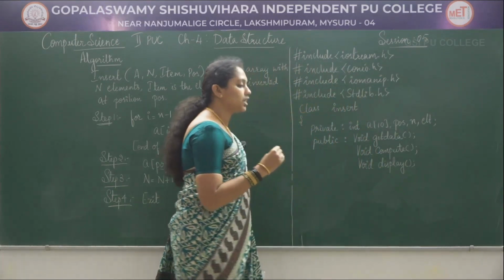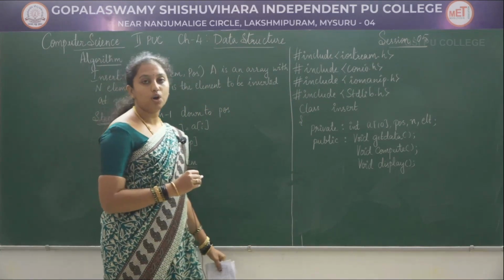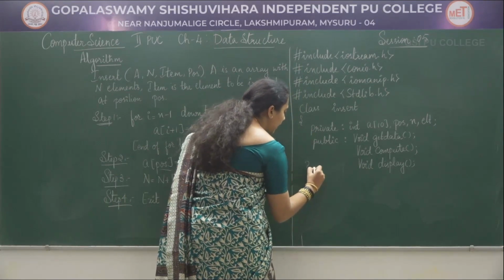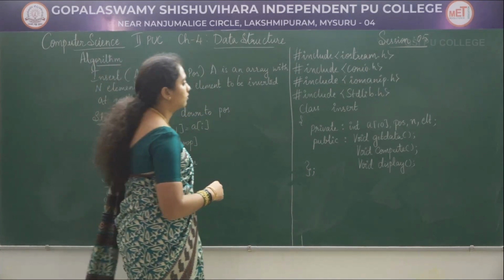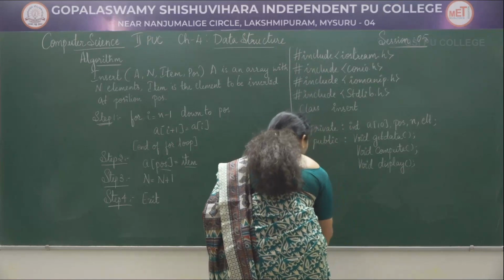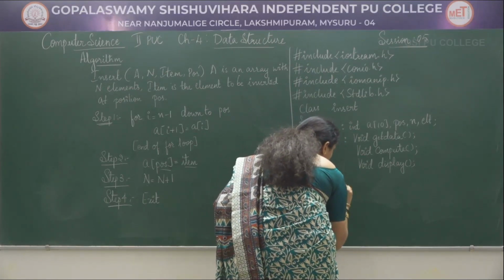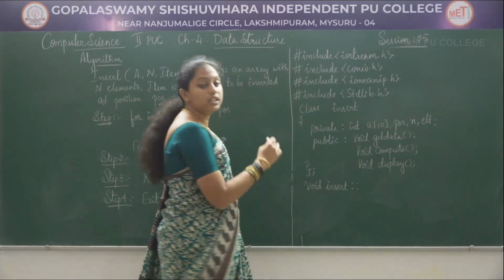Display function is used to display the output on the screen. So I am going to close the class using semicolon. Void insert, so I am defining the function outside the class.